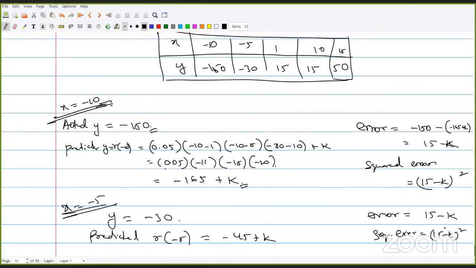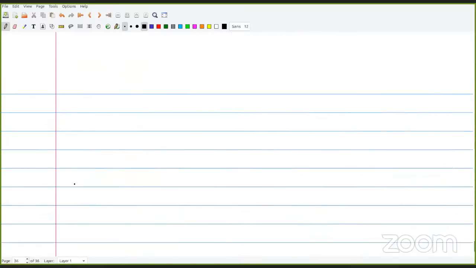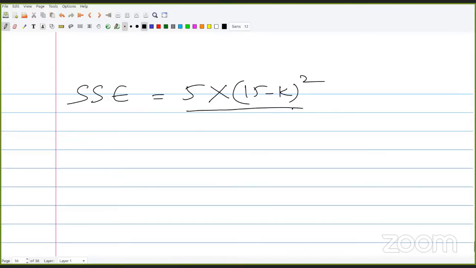Similarly, for 1, 10 and 15, all are the same. So the SSE will be 5 times 15 minus k whole square.